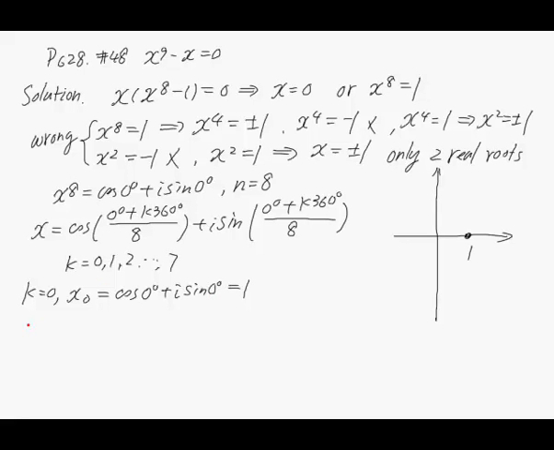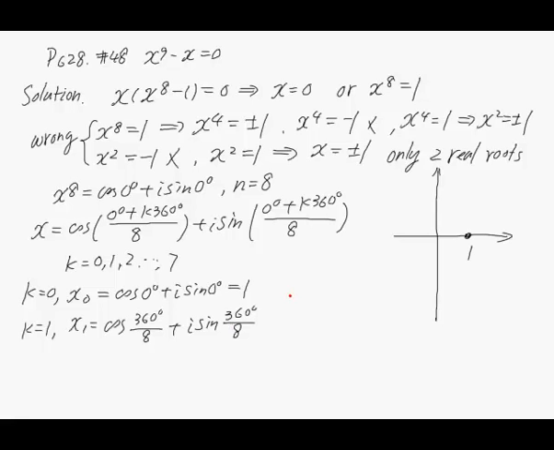Now let's look at the case when k is equal to 1. So x sub 1 is equal to cosine of 360 degrees divided by 8, plus i times sine of 360 degrees divided by 8.